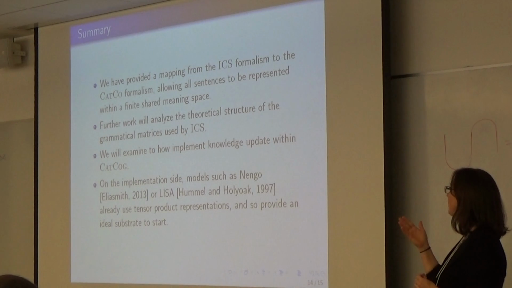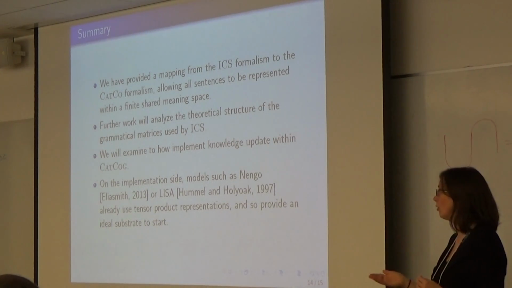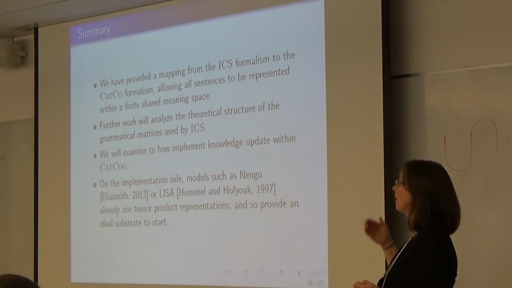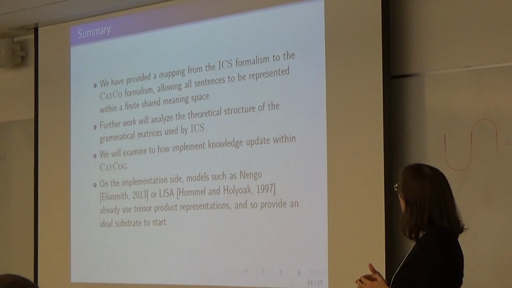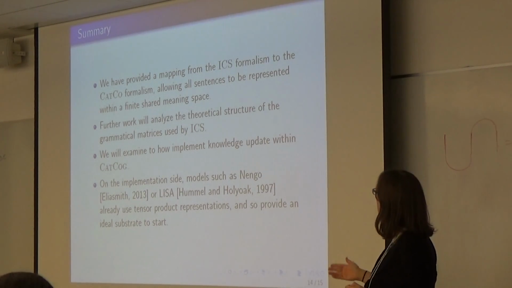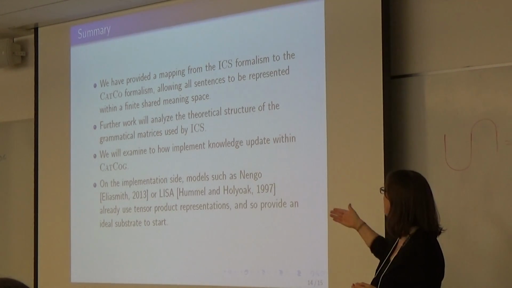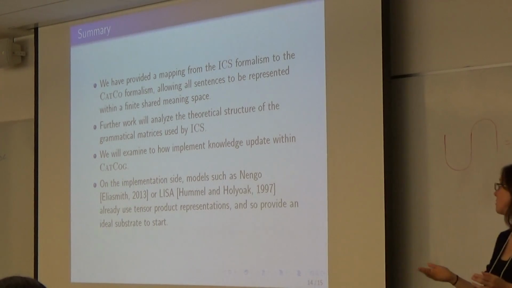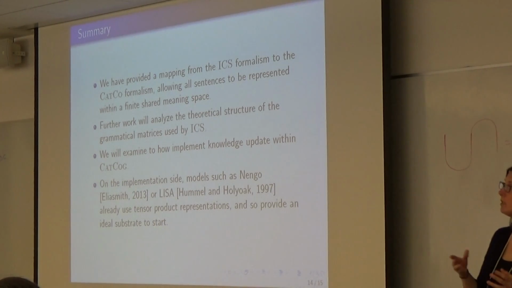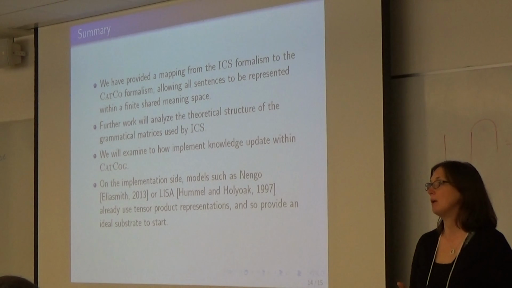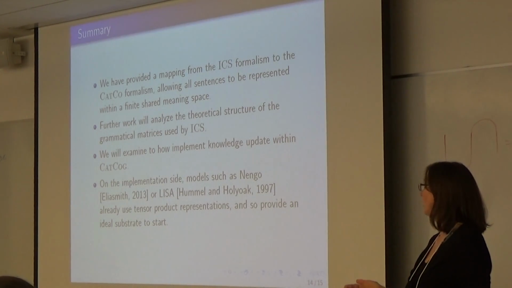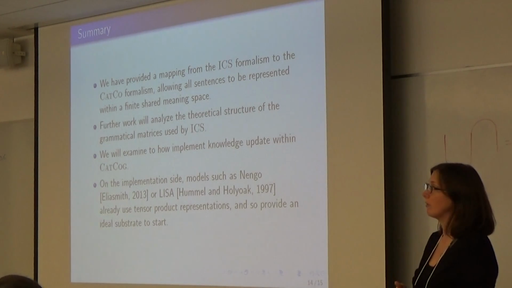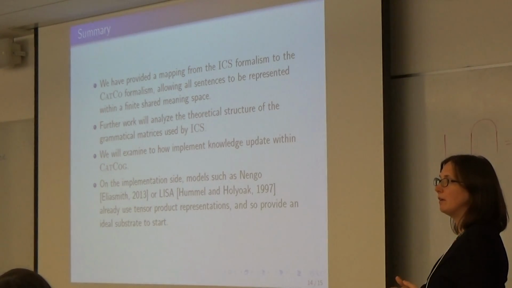Similarly, compositional semantics doesn't really have a notion of knowledge update as yet, so that's another area we want to look at. And on the implementation side, these models that I mentioned already use tensor product representations and provide an ideal substrate to start implementing a computational model of this. Thank you.